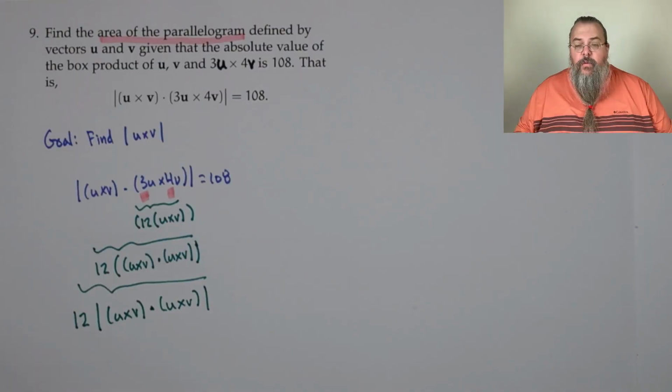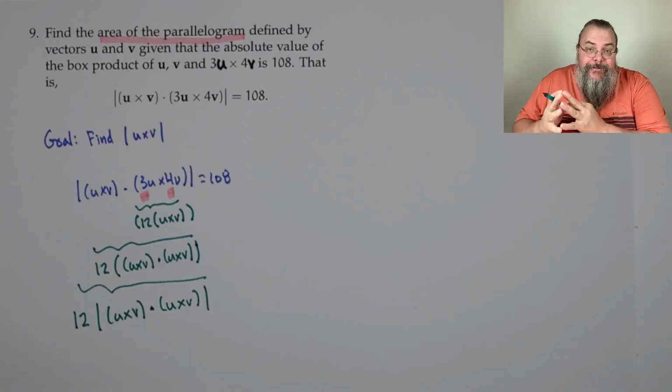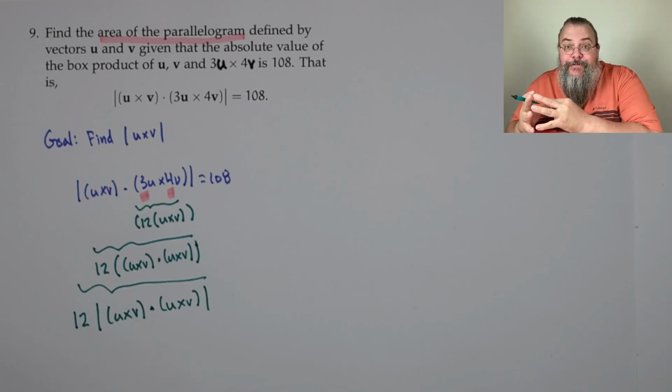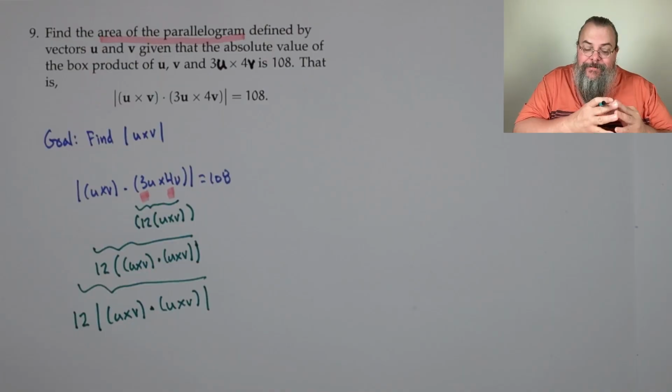And then at this point you say, well, whoa, hold on. If I take a vector, which U cross V is a vector, dot with itself, what are we finding?